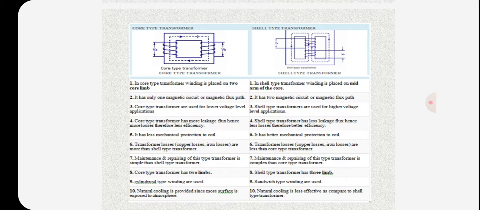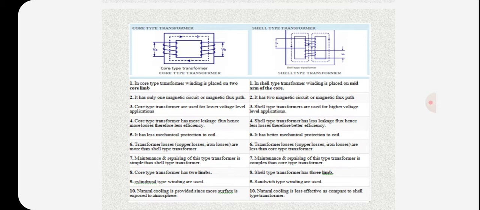In shell type, most of the winding is enclosed by the core, hence it is difficult to insulate and repair. So this is the difference between core type and shell type.